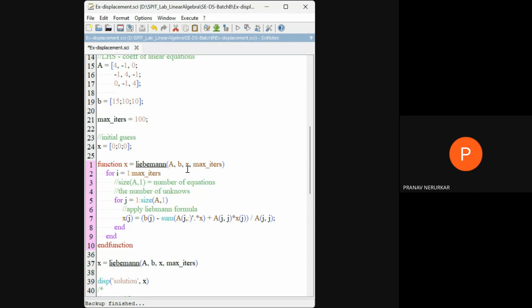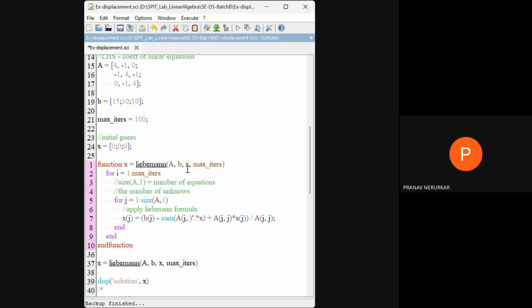So what is the experiment number? Experiment: we have to prove that the left hand side and right hand side will be equal if the solution to the unknown variables is 1, 2, minus 1 and 1. And for the solution we will use the Liebman method. How many experiments?